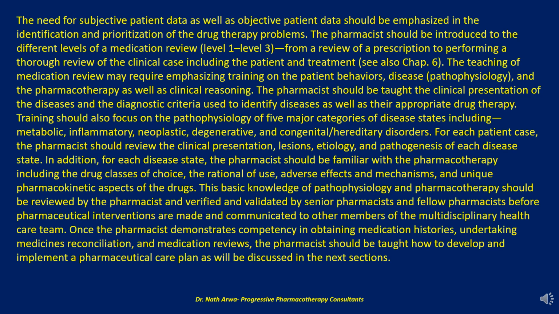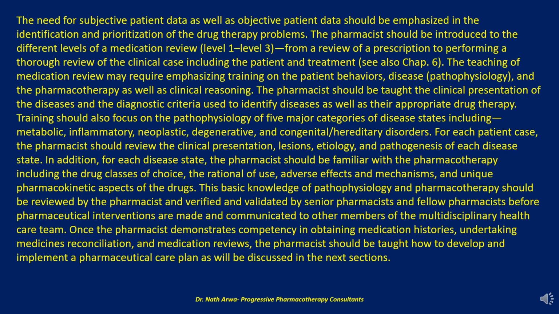The pharmacist should be taught the clinical presentation of the diseases and the diagnostic criteria used to identify diseases as well as their appropriate drug therapy. Training should also focus on the pathophysiology of 5 major categories of disease states, including metabolic, inflammatory, neoplastic, degenerative, and congenital, hereditary disorders.